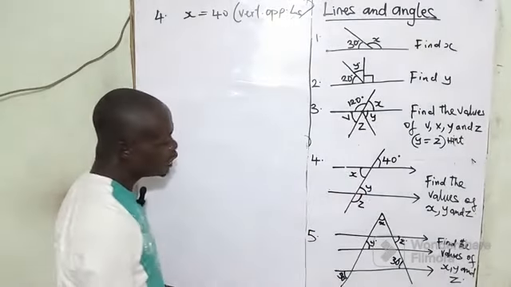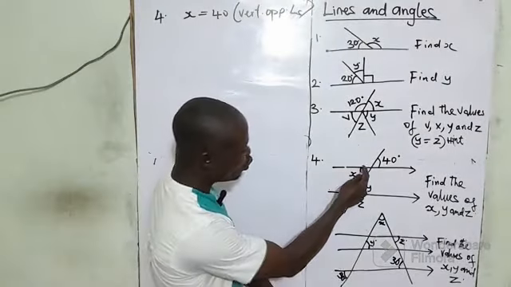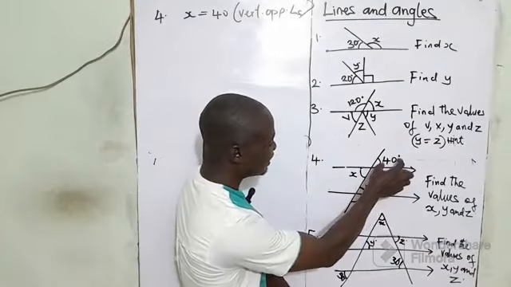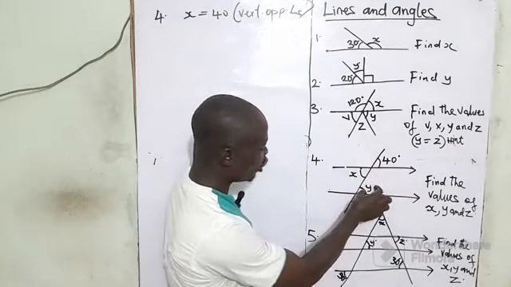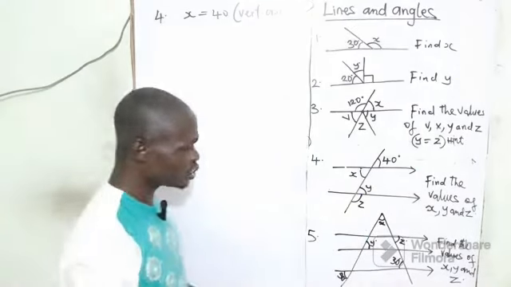When we look at y, we can solve it in different ways. We can see that x is alternate to y, and we can see that 40 is corresponding to y. So we can use any of these methods to solve for y.